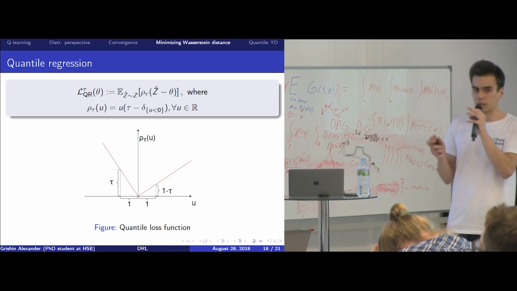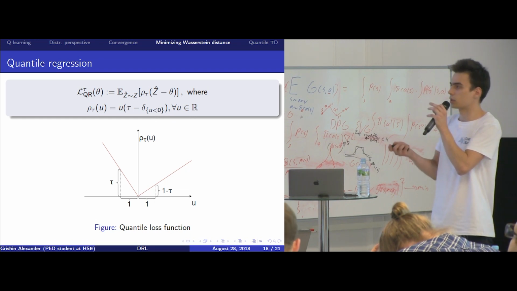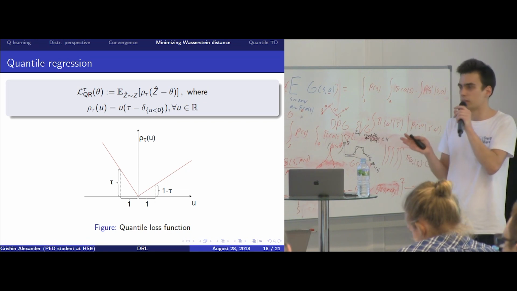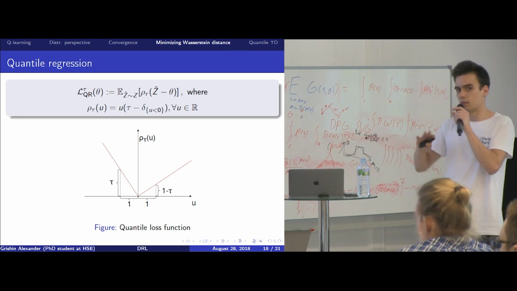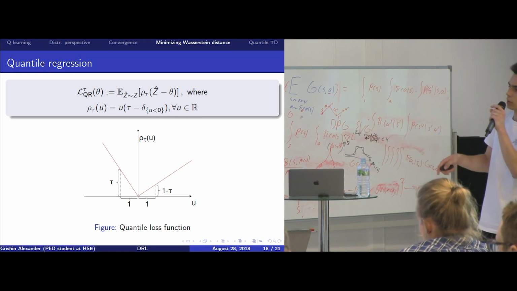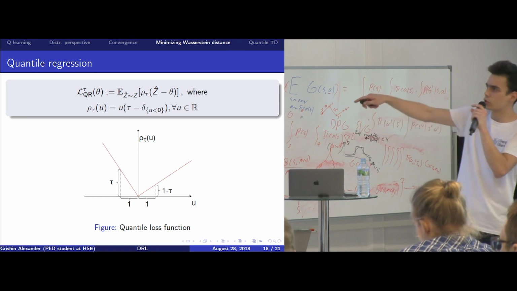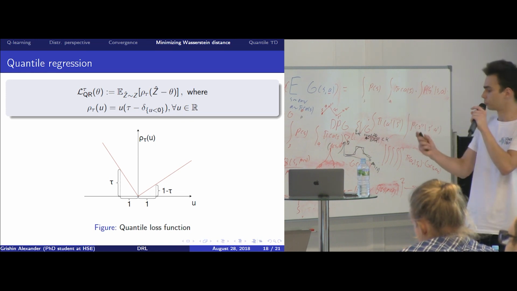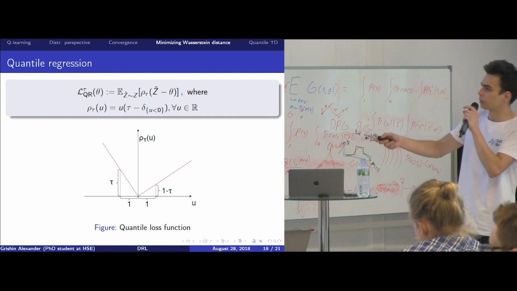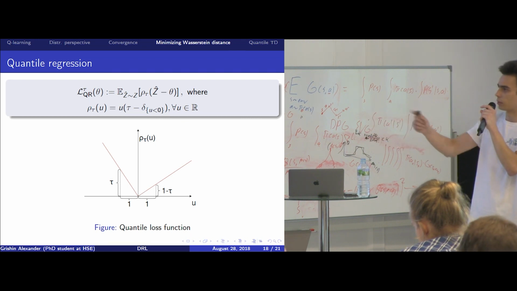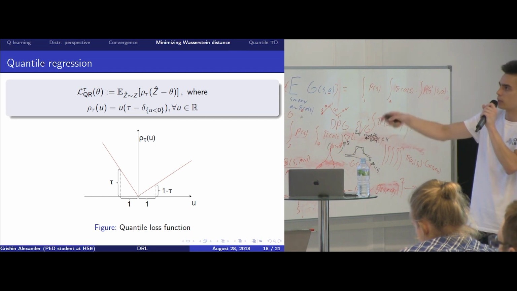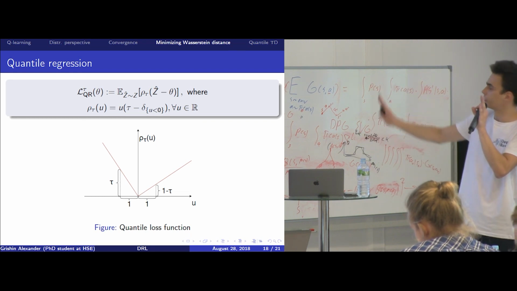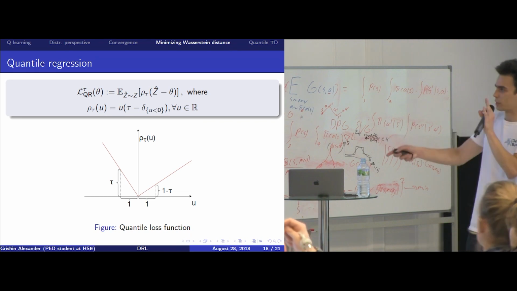In fact, in the practical algorithm, they didn't use exactly this loss function because it doesn't have a gradient at 0, so they relaxed it a bit and used the Huber quantile loss function, which is a symmetric quadratic function near 0 and the ordinary quantile loss function at other points.